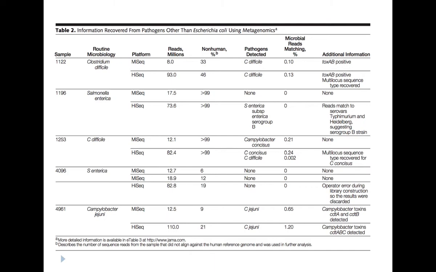You can see that we got millions and millions of reads, nearly hundreds of millions. In fact, for Campylobacter, we got over 110 million reads from the metagenome. And we were able to make inferences about the strain, its epidemiology, its pathogenic potential, and so forth that were in these samples.